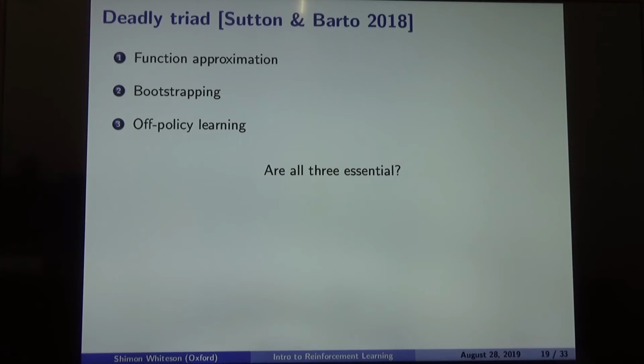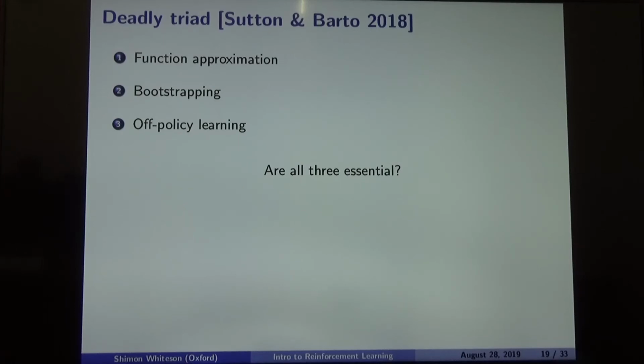And as I mentioned before, when you use eligibility traces, you have this lambda parameter, which allows you to smoothly interpolate between Monte Carlo and temporal difference methods. And basically every empirical analysis that has been done of this lambda parameter finds that the best setting of this parameter is not 0 or 1, but somewhere in the middle. Typically much closer to 1 than to 0, but crucially not 0 or 1.